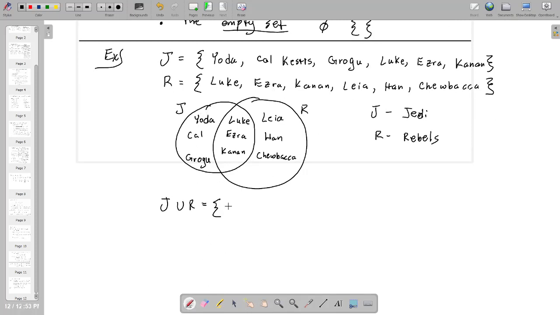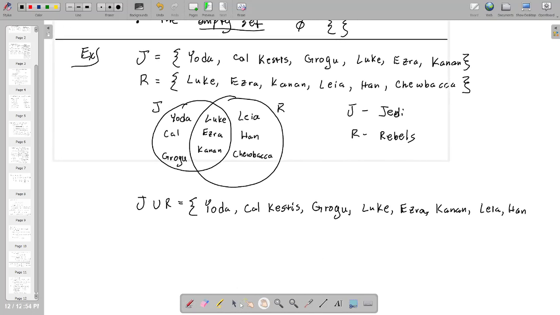So we have to write Yoda, Cal, Kestis, Grogu, Luke, Ezra, Kanan, Leia, Han, and Chewbacca.